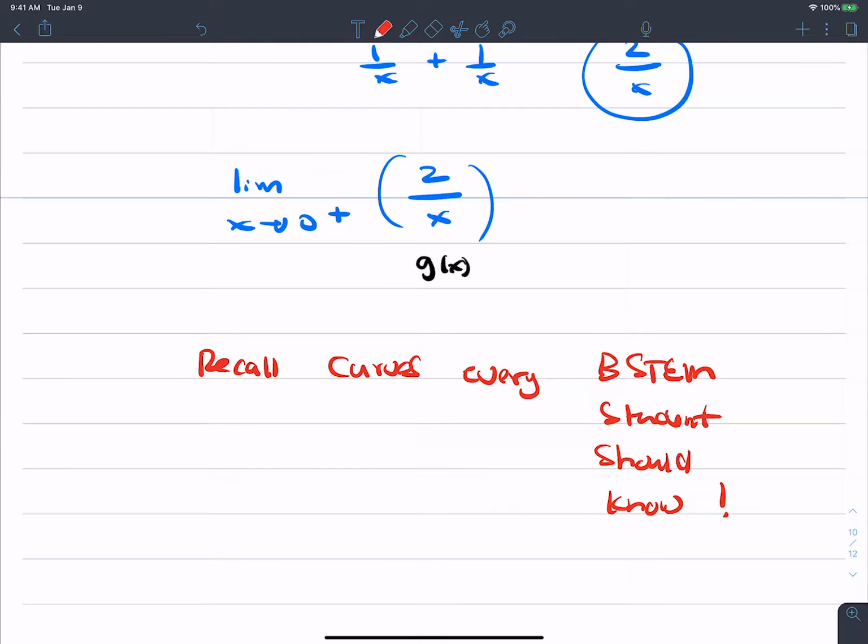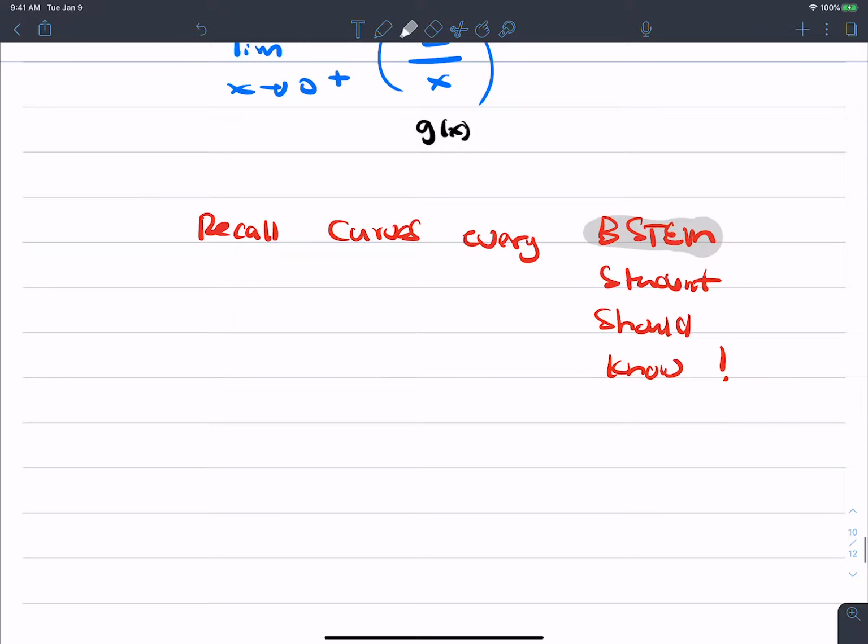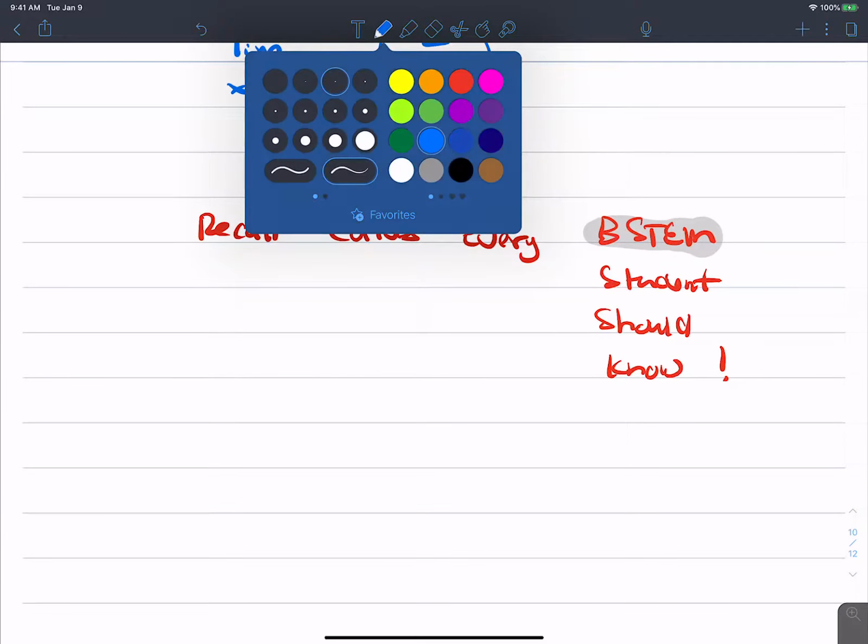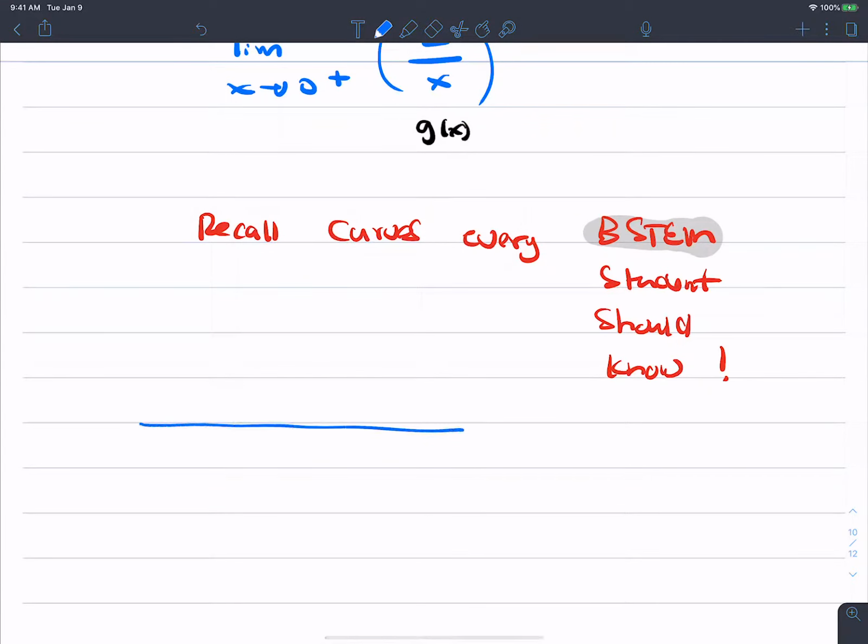Curves every B-STEM student should know. And the curve here for this function, even though you have a constant, is just like 1 over x. So let's put it in black here, if you guys remember that curve.